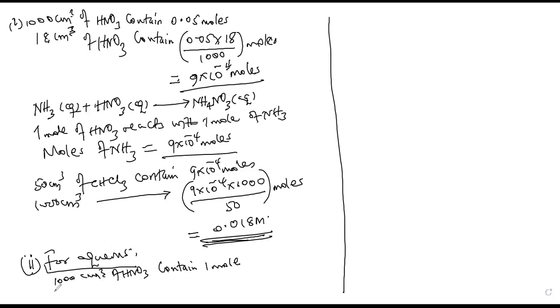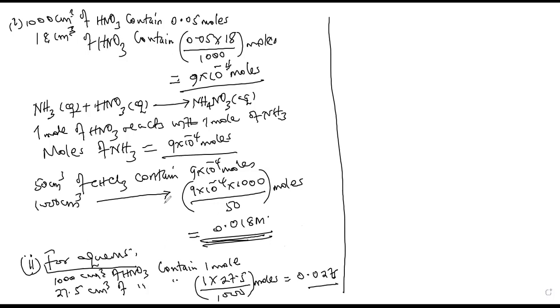What about 27.5 cubic centimeters of nitric acid? It will contain 1 times 27.5 out of 1,000 moles. And these moles would be 0.0275 moles.